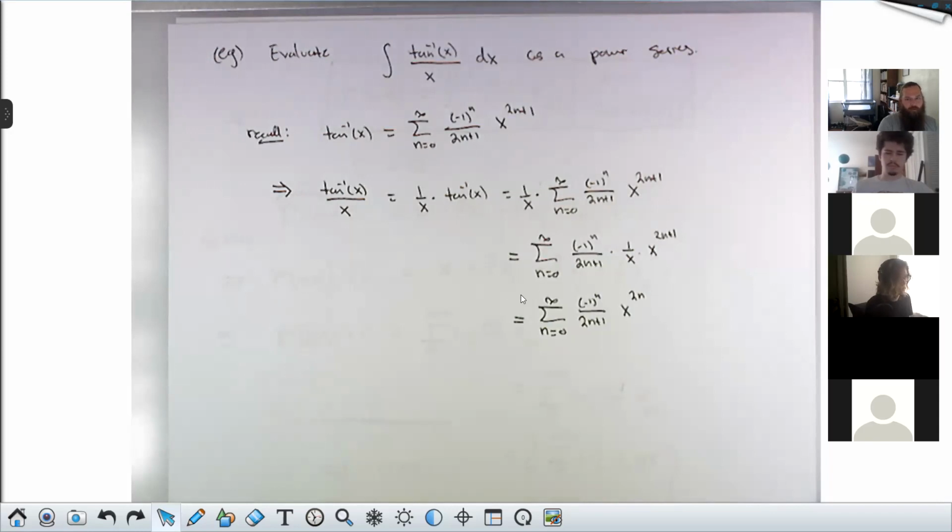So here is a power series for the inverse tangent of x over x. And that's what I meant when I said we're going to be using this as a starting point. Right? I didn't want to rediscover this. I want to just begin with this. And then I can build my integrand out of that. So relatively quickly, I get a power series for arctan x over x.